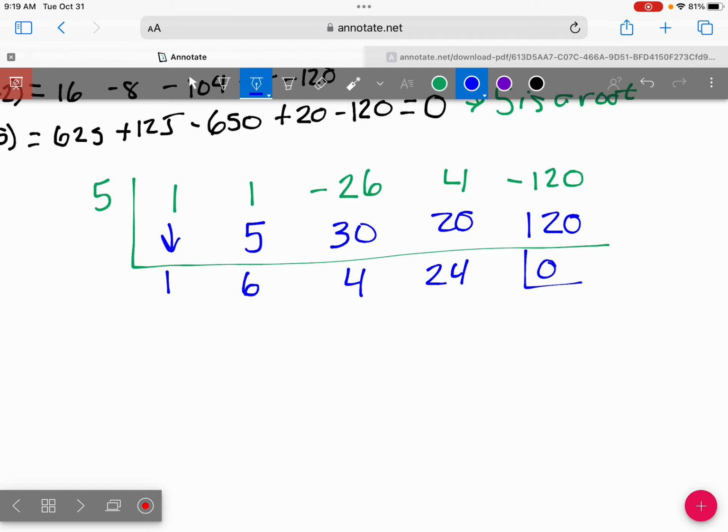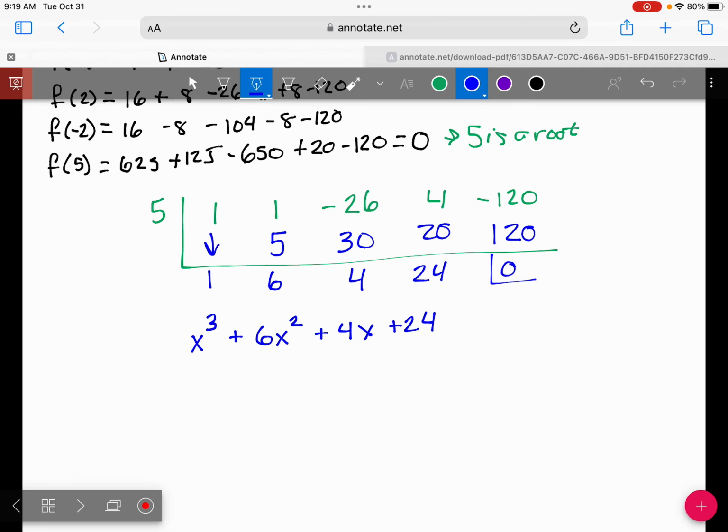So that gives us now our new polynomial of x cubed plus 6x squared plus 4x plus 24. Can we factor this yet?